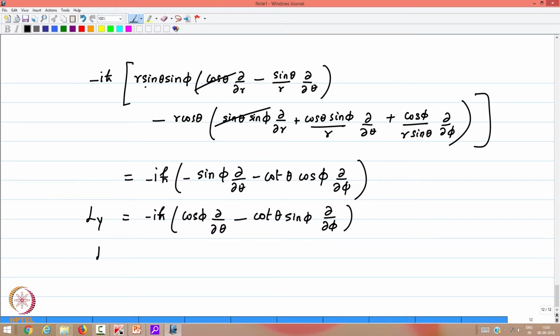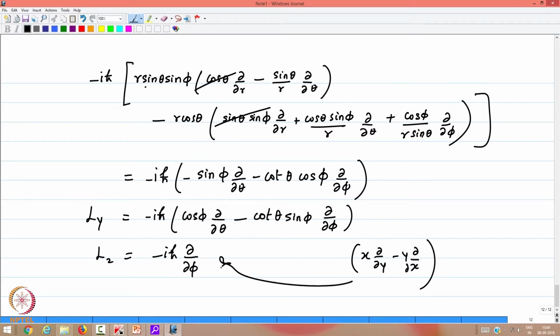So this is what I meant when I said Lz is very, very simple. It's minus i h bar dou by dou phi. But the cancellation of the terms will happen when you substitute Lz as x dou by dou y minus y dou by dou x. If you do that, you will get this term. So this is Lx, Ly and Lz.